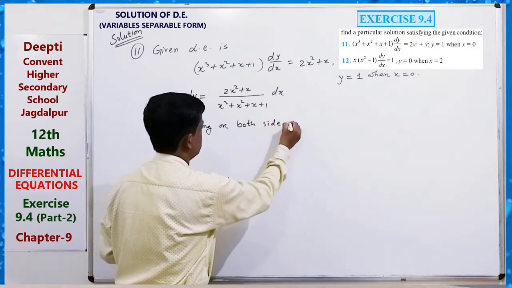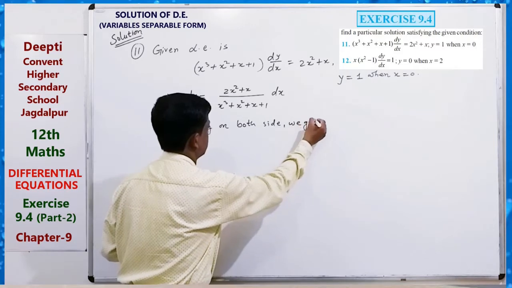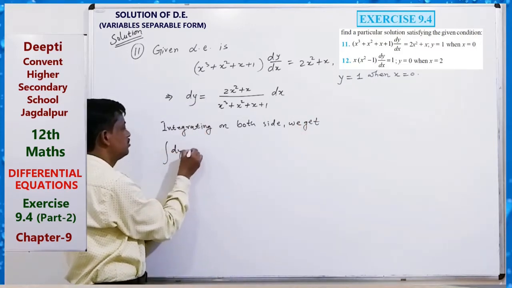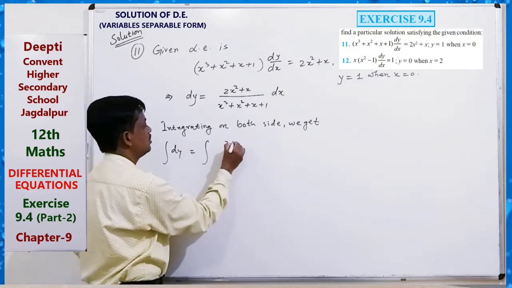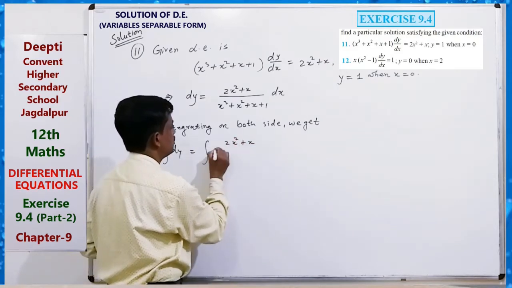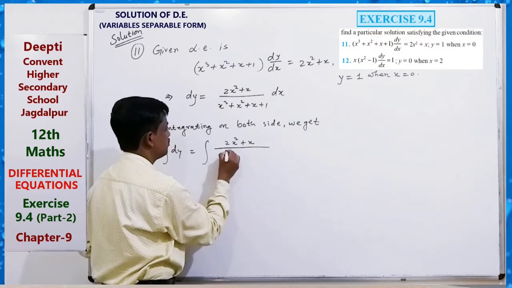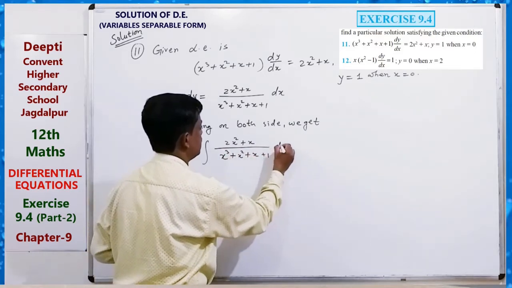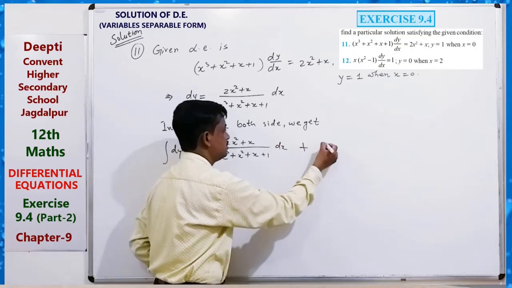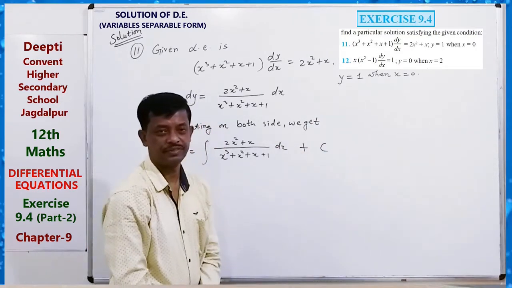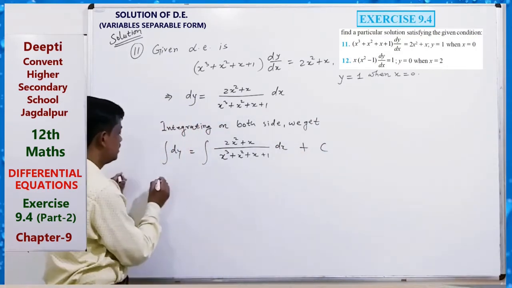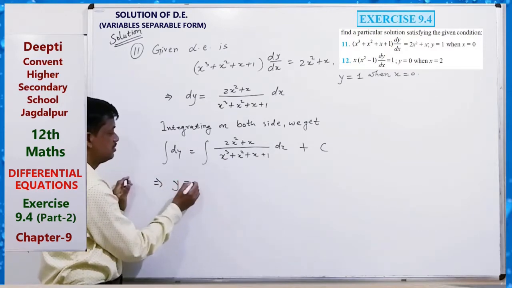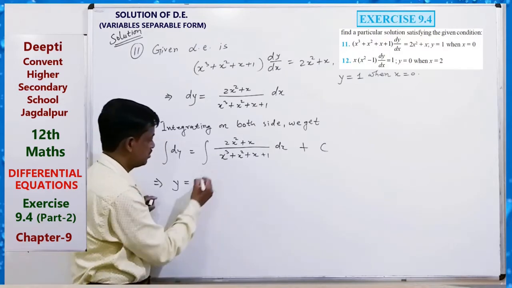Integrating on both sides, we get the integration of dy equals the integration of (2x square plus x) upon (x cube plus x square plus x plus 1) dx plus some constant. Now we can solve it. y equals the integration of this.